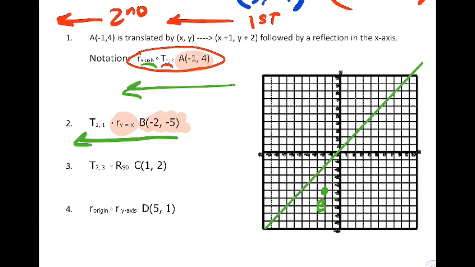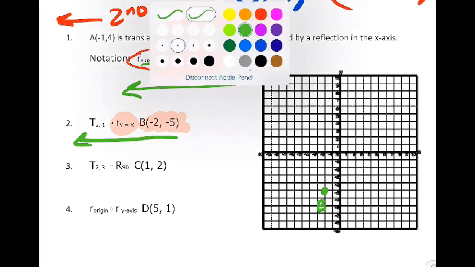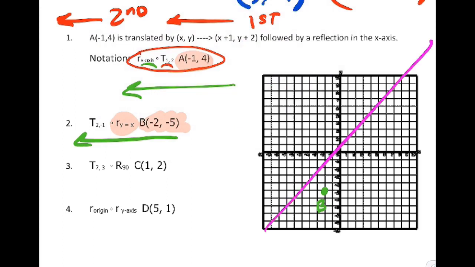Remember, y equals x is this perfectly diagonal line. And if the point was -2, -5, you might remember the shortcut was either count diagonals to that line, which is, let's get a better line there.